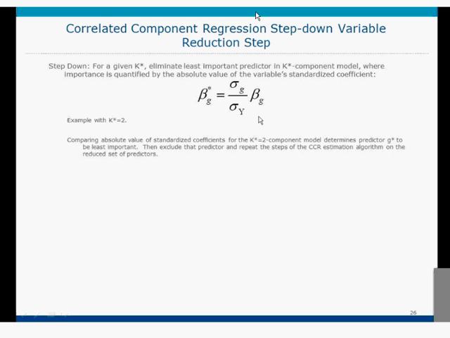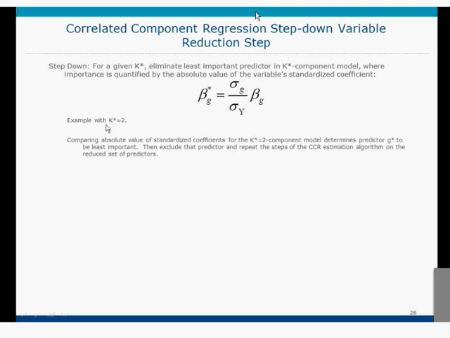This is just the usual formula for standardized coefficient. This is an unstandardized coefficient. This is the standard deviation of the predictor variable. This is the standard deviation of the dependent variable. This gives us the standardized coefficient. This is the unstandardized coefficient. For example, in SPSS, this is reported as beta. This is B. That's just terminology.